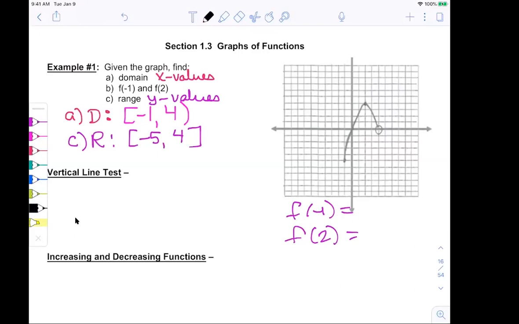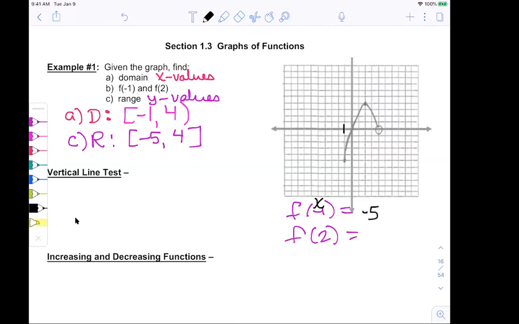X. Okay. So if x is -1, what are we trying to find? Y. So what is the y value when x is -1? -5.